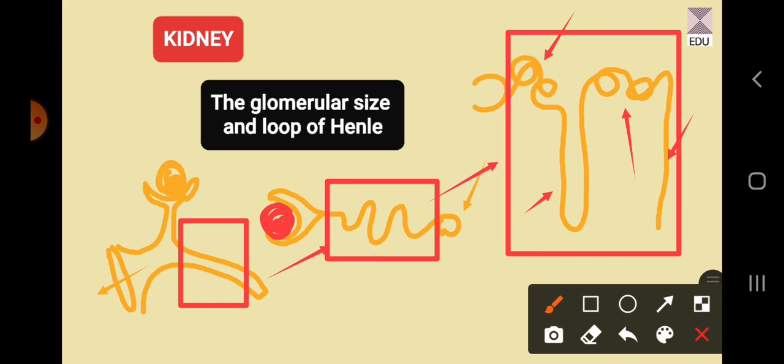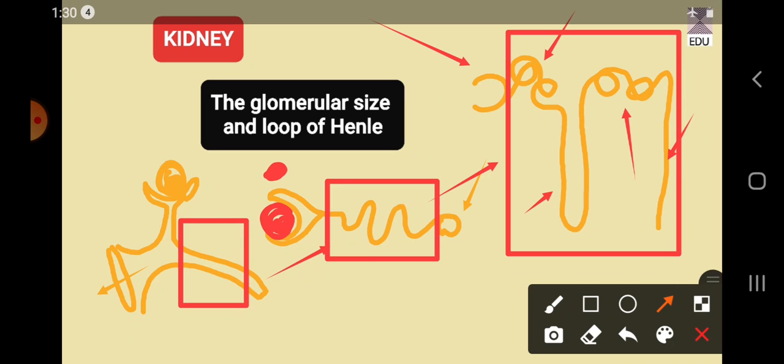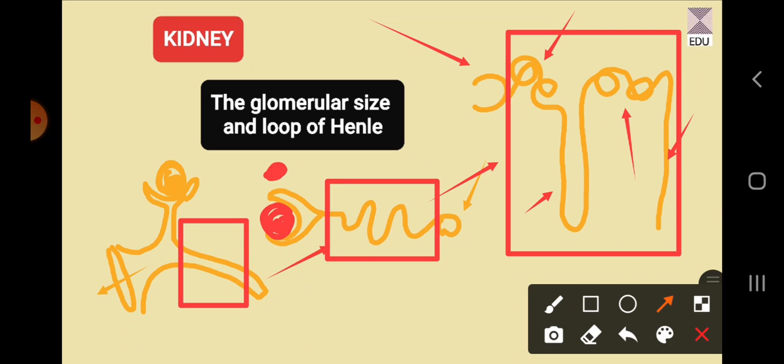If you have a hypertonic kind of environment, you have a small glomerulus and a small Bowman's capsule. In mammals, these animals really need to conserve the water. So they are living in a dehydrating kind of environment, and they are actually conserving the water.